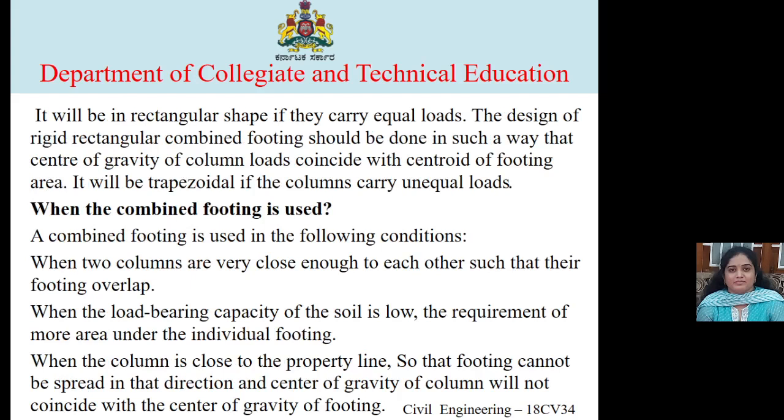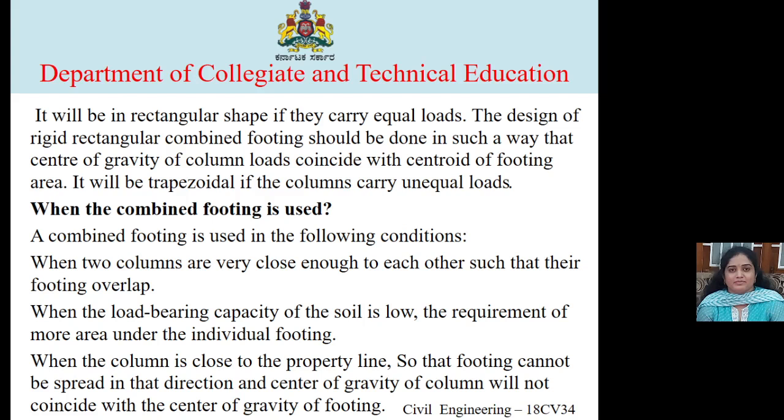It will be a rectangular shape if the columns carry equal loads. The design of a rigid rectangular combined footing should be done in such a way that the center of gravity of the column loads coincides with the centroid of the footing area. It will be trapezoidal if the columns carry unequal loads.